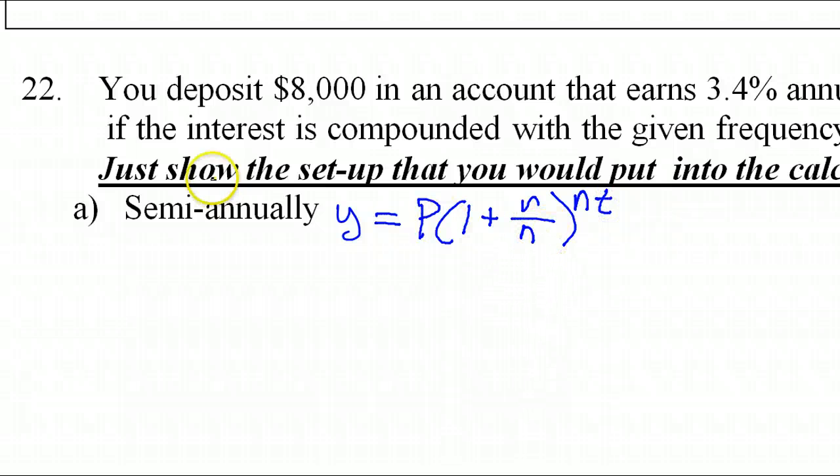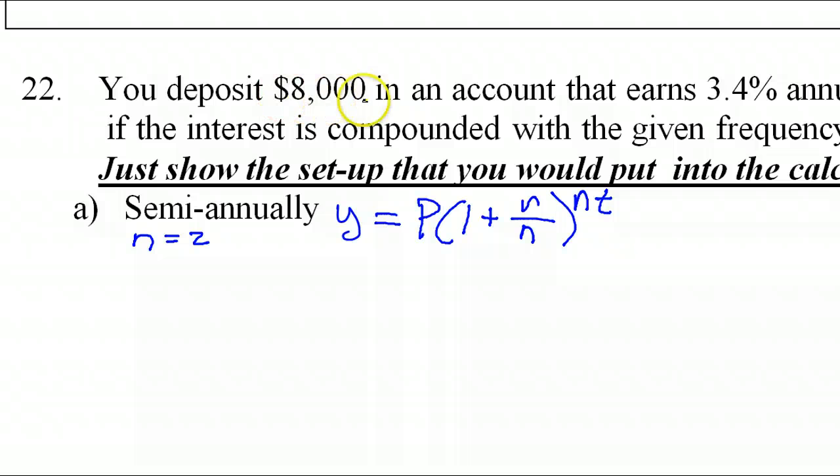This n value, for semi-annually, means n is 2. Quarterly it would be 4, monthly would be 12, weekly would be 52, daily would be 365. But anyway, semi-annually, that's twice a year, so n is 2.